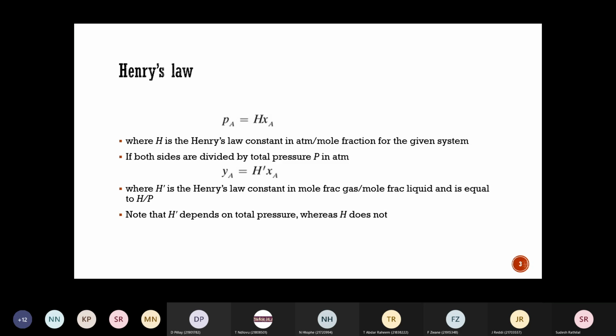Why are these slides repeated? Because previously we spoke about equilibrium studies and distillation, and then started absorption. So for the absorption, I had to recap on what was covered in your previous sections, but we've just covered this. If there's any questions, you're welcome to ask. But very briefly, Henry's law, that's Henry's law.